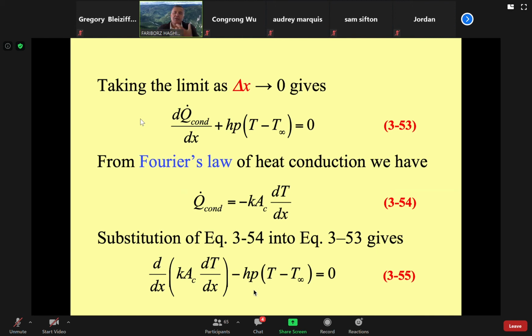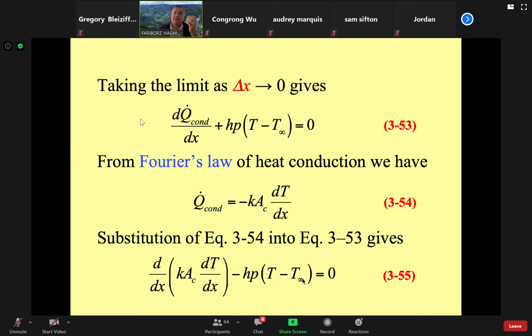Now, in order for us to visually understand the equation, here you have T minus T infinity and here you have T. One way we did it in mathematics is a change of variable. I call T minus T infinity equal to theta. I just use a new variable; I don't like T, I call it theta. Therefore, this becomes hP over kAc times theta.